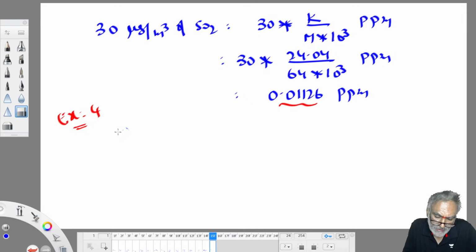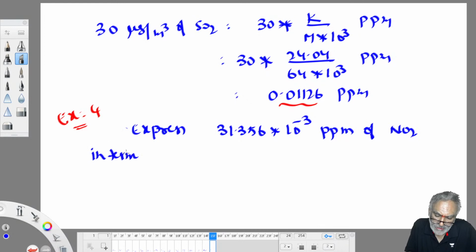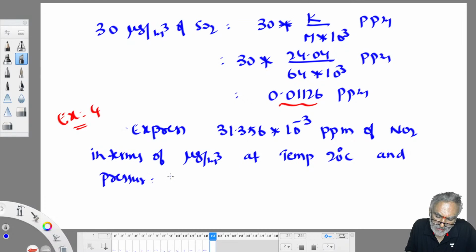So express 31.356 into 10 power minus 3 ppm of NO2 in terms of microgram per meter cube at temperature 20 degrees Celsius and pressure 202.8 kilopascals.